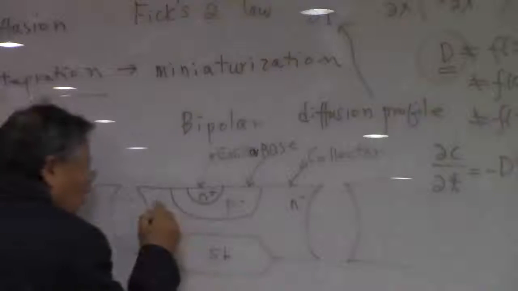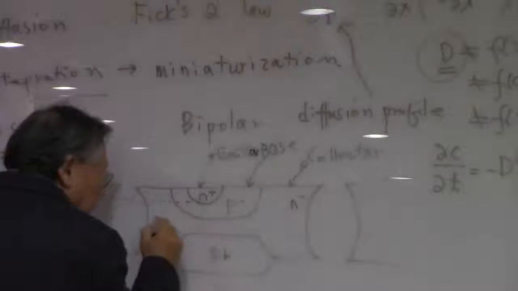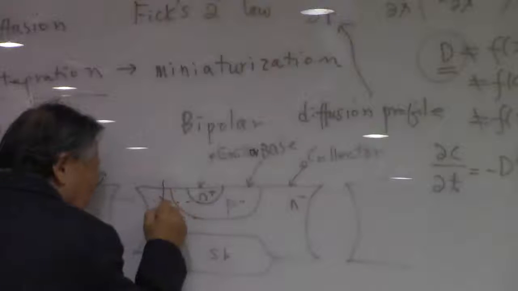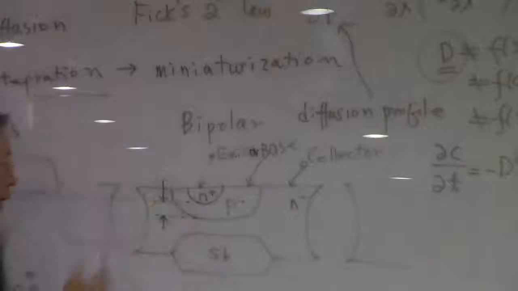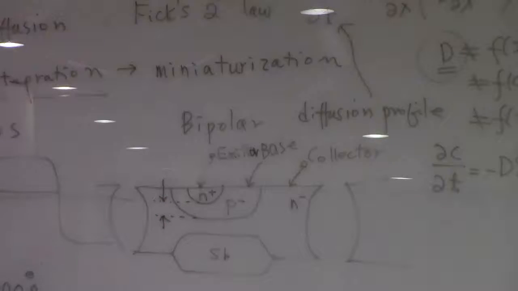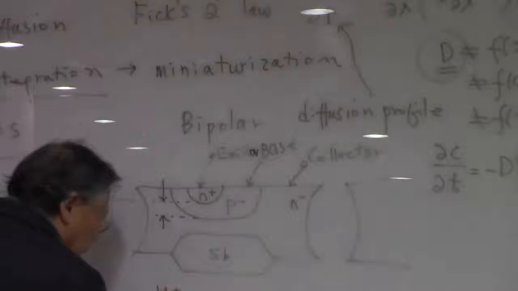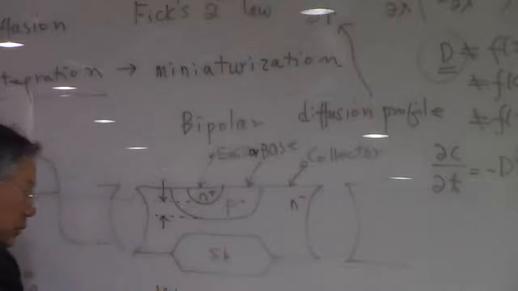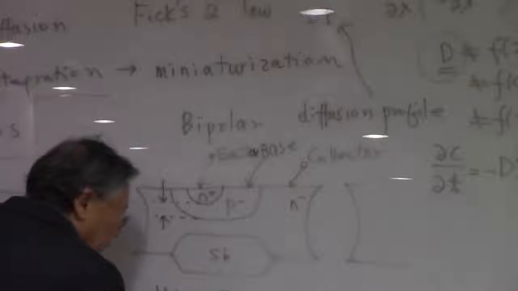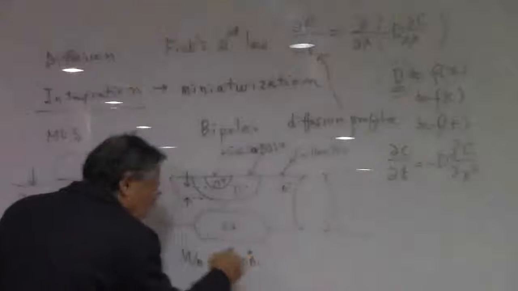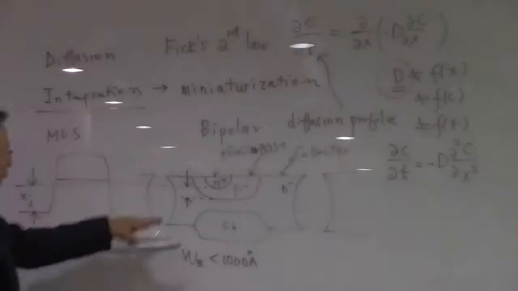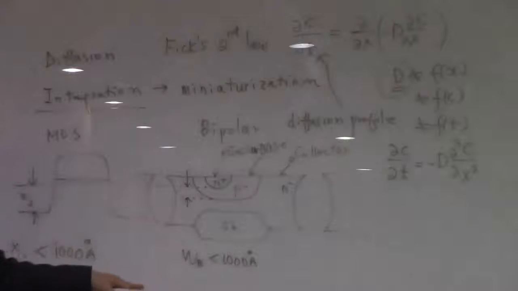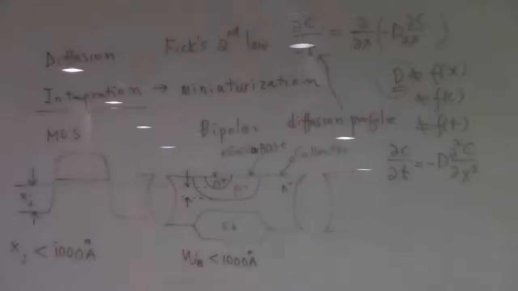And the important size here is this base width. Okay, the base width has to be controlled less than 1,000 angstrom as well. And this base width is totally dependent on the diffusion process. All right?